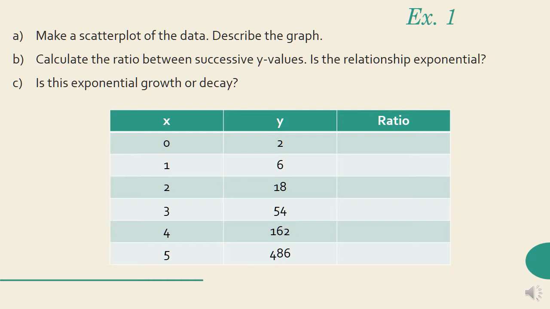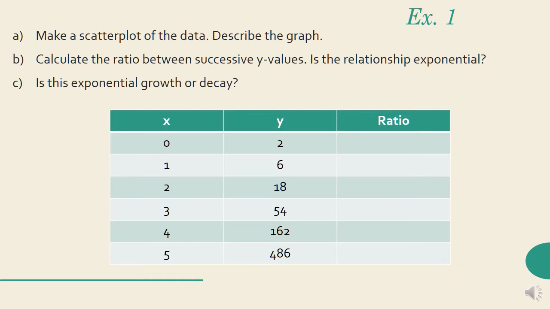Now, in grade 9 and 10, you do first differences. And we did first differences in this course at the beginning as well. You start at the bottom, work your way up, and you subtract. If the first differences are equal, it's linear. And when we did quadratics at the beginning of this course, if the first differences were not equal, you did it a second time, and if they were equal, then you would say that it was quadratic.